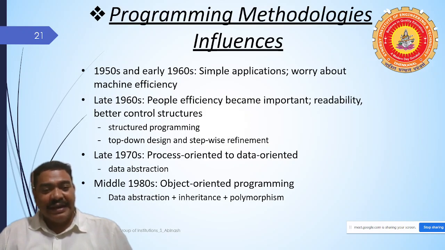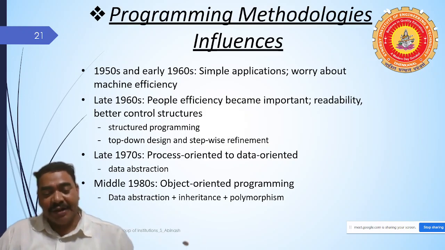Late in the 1970s, the shift from process-oriented to data-oriented design, that is data abstraction, meaning object-based programming design, was started. Data abstraction means creation of a new data type, and encapsulation means adding some methods to the new data types. Encapsulation means binding the new data type and the methods together.